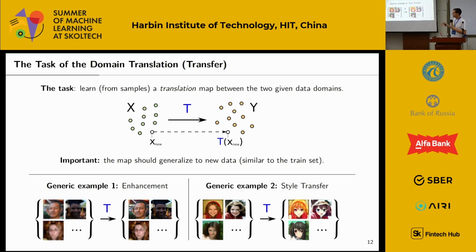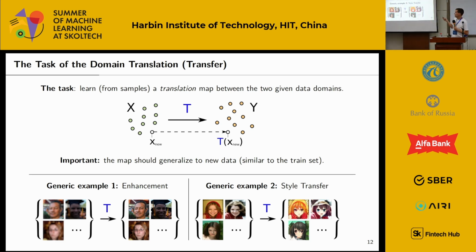For example, the standard applications of this are various image-to-image problems, such as image restoration. For example, image super resolution, image deblurring, image denoising, restoration of JPEG artifacts from images, and so on and so forth. Another generic example is various style translation problems, modality translation problems, some problems from medicine related to transfer of MRI data, and so on.